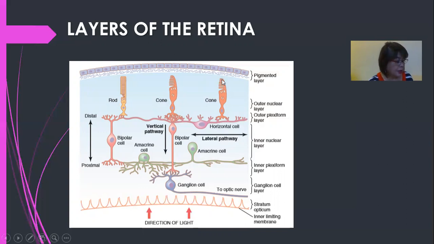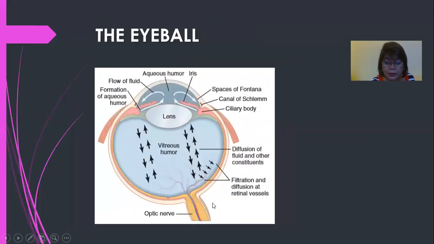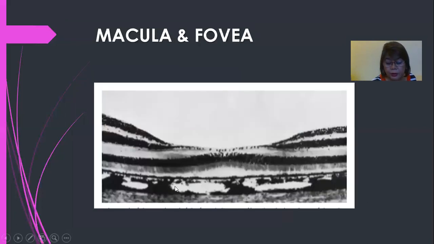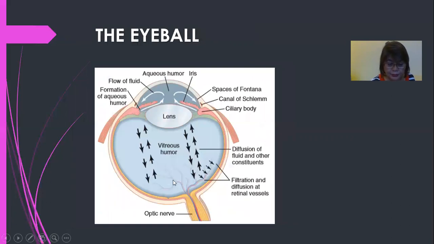And then the blood supply also comes from this area, the choroid, near the sclera, and the central retinal artery here. So you have a dual supply: the central retinal artery, and the supply coming from the choroid plexus.